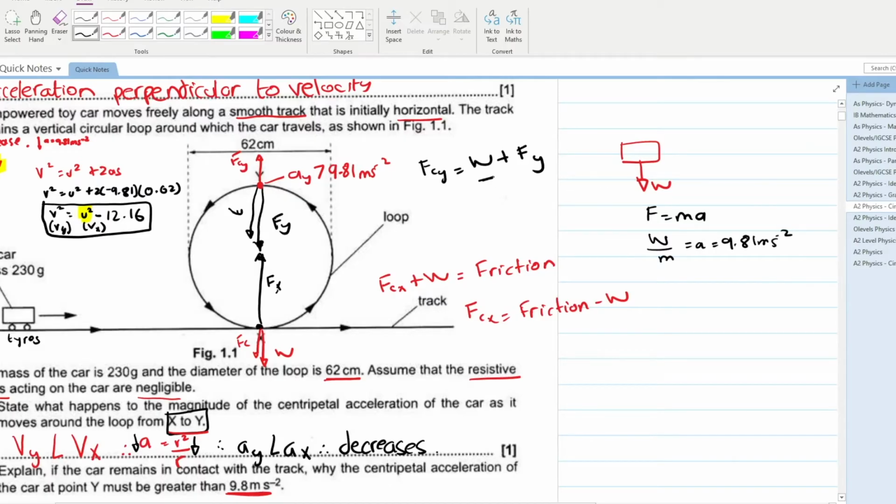But here we not only have weight, we also have another quantity, that is the friction. This adds up to the force acting on the car.